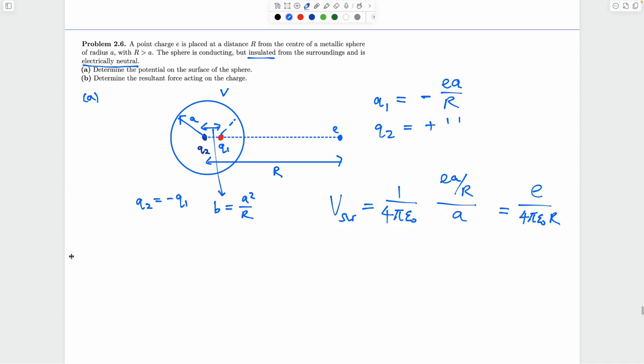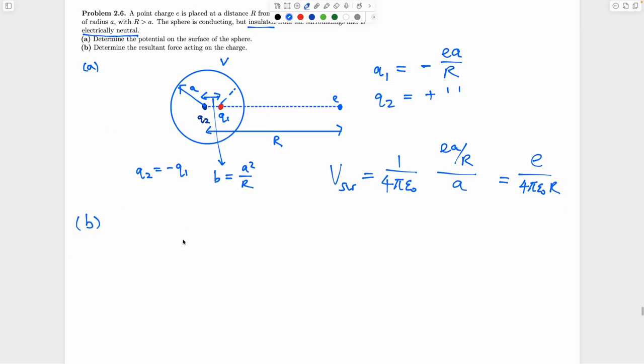Okay, so part B, determine the resultant force. The force now has two contributions, which is the first image charge and the second image charge.